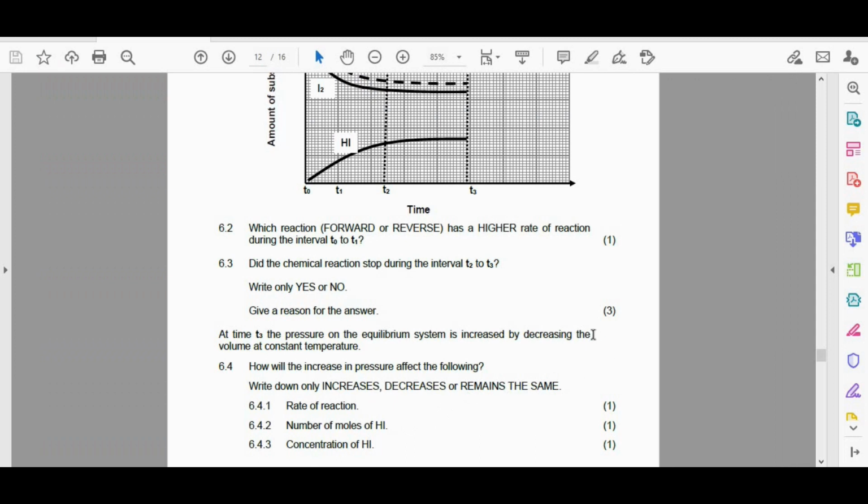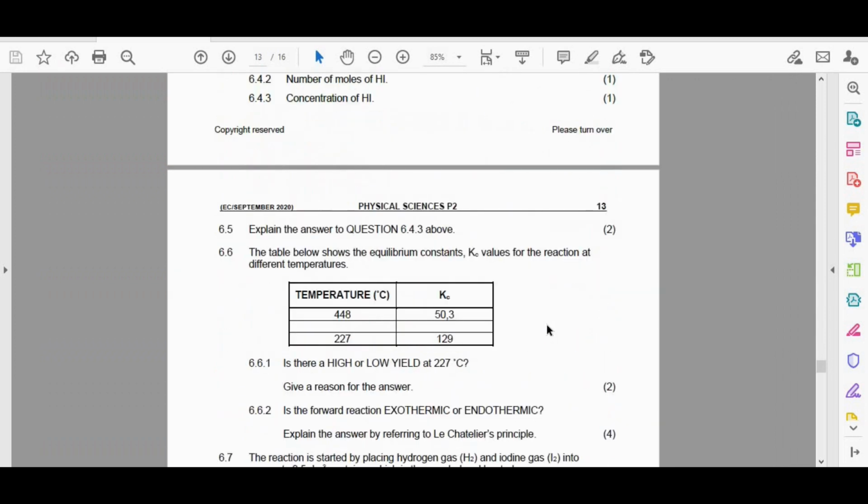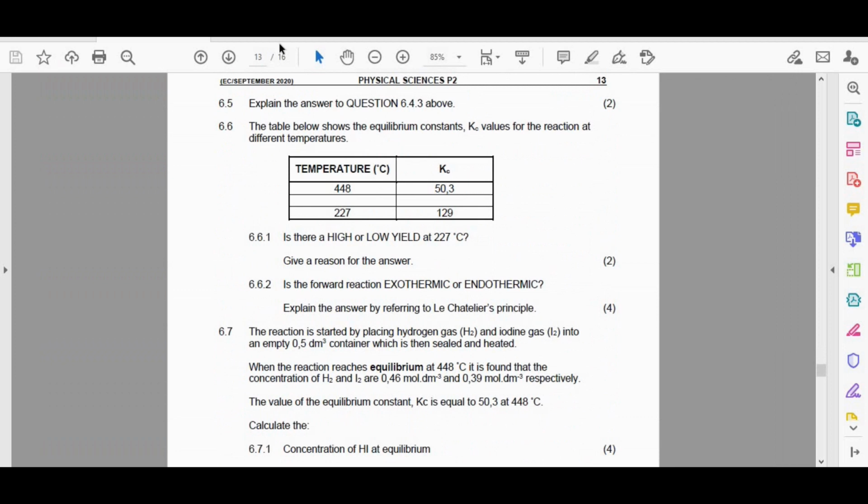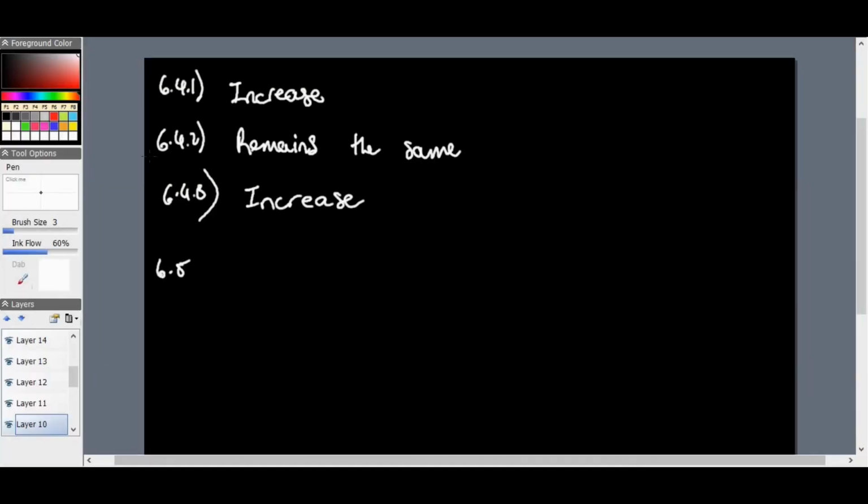Okay. Let's rock on to 6.5. Now, 6.5 asked you to explain why the hydrogen iodide increases. So, the reason why, and I think I'll take this one. Let's write in red.